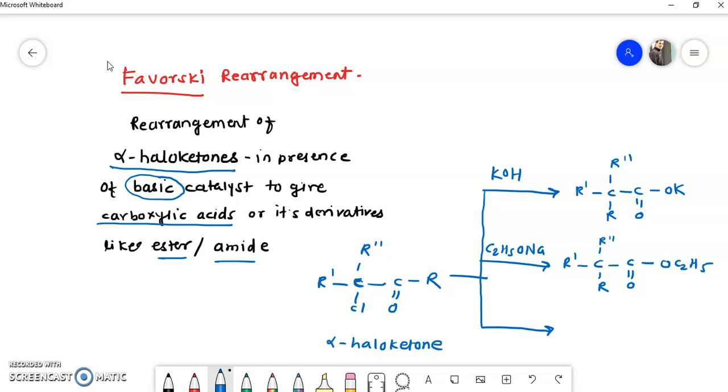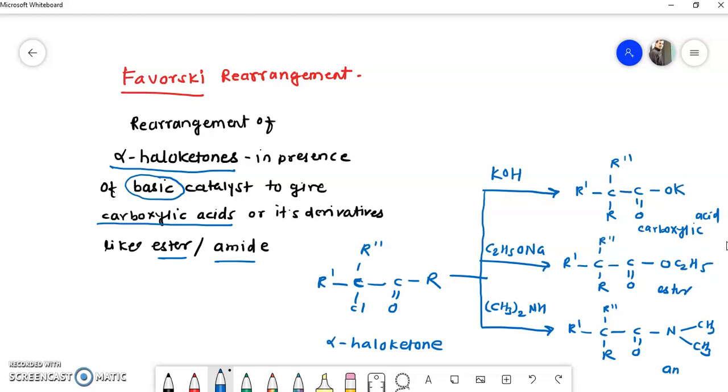If we use a secondary amine as a base, like NH(CH3)2, then we get a substituted amide as a product: R' C R'' R, C double bond O, N(CH3)2. So this is the carboxylic acid salt, this is the ester, and this is the amide.